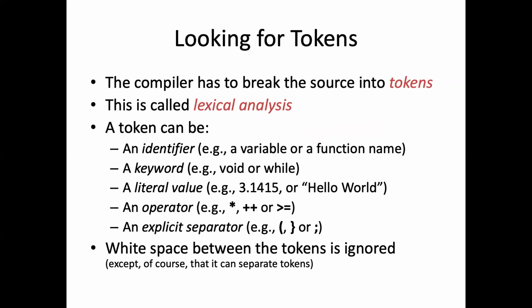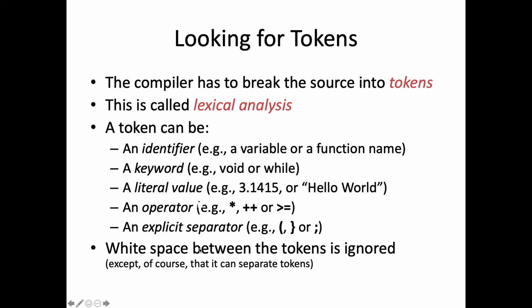It could be a literal value like a number or a string. It could be an operator in the language like times or plus plus or assignment. It could be a separator or punctuation like curly brackets or semicolon. The lexical analyzer looks through the sequence of characters in your program, and it looks for tokens of these types.